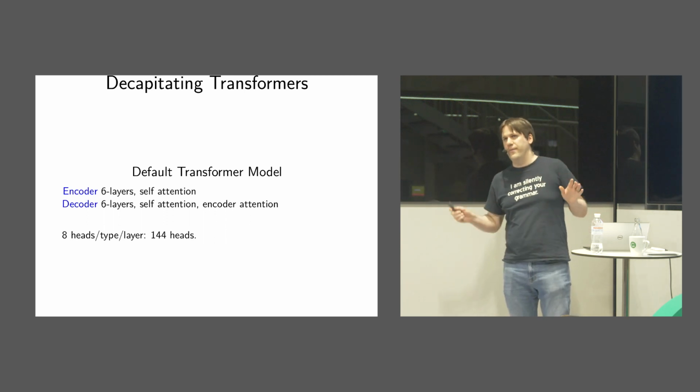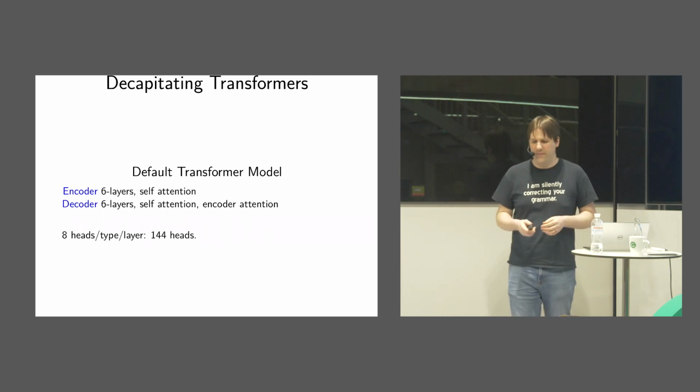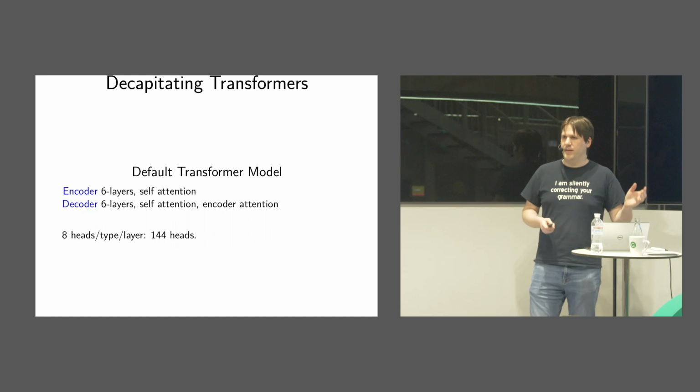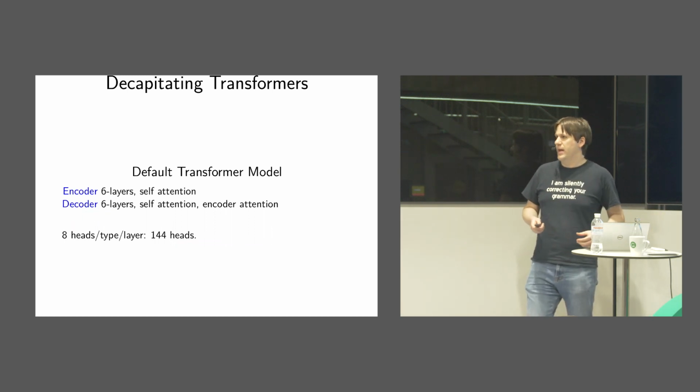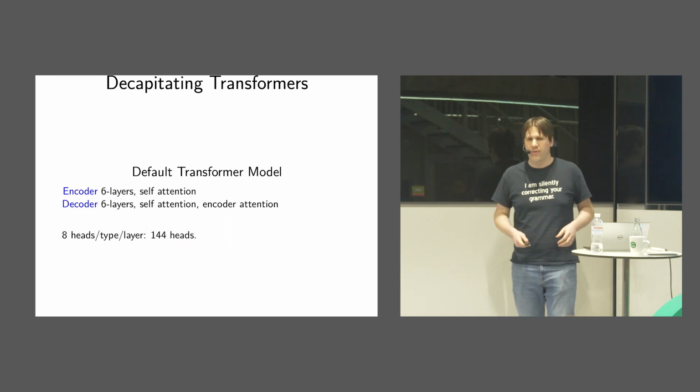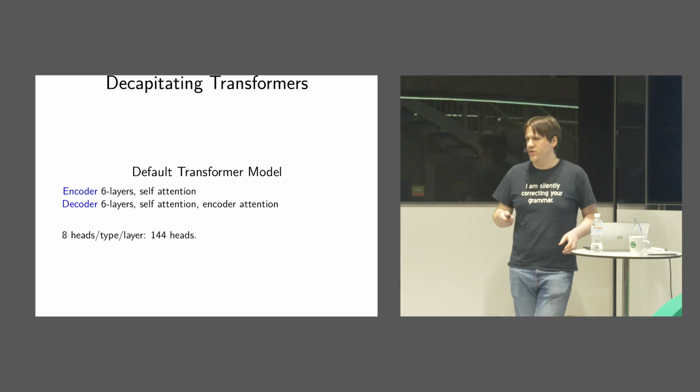And by default, in a normal stock configuration, you might have 6 layers, 8 of each type of head, and that's a total of 144 heads. So the question is, can we decapitate some of these and still have good performance?